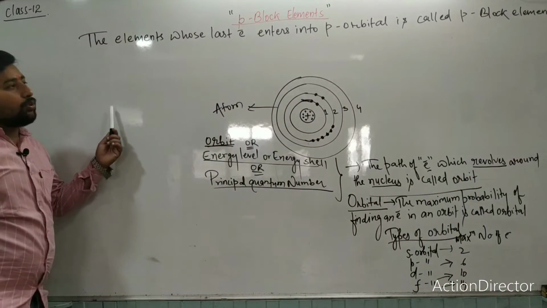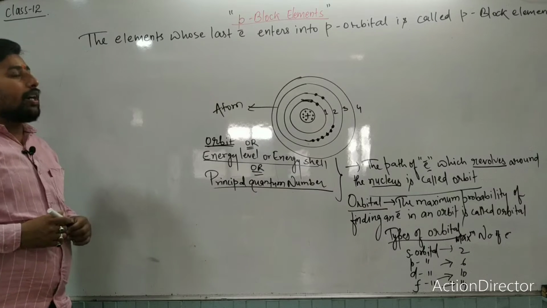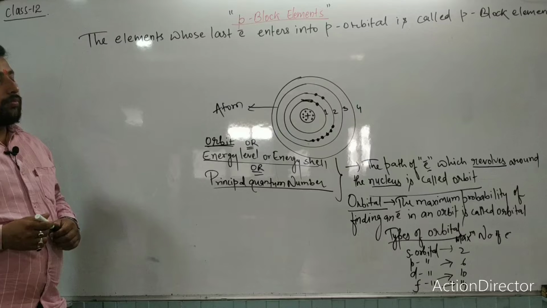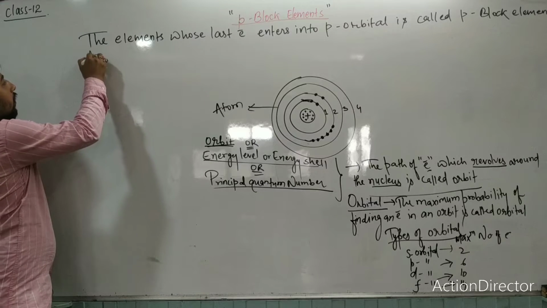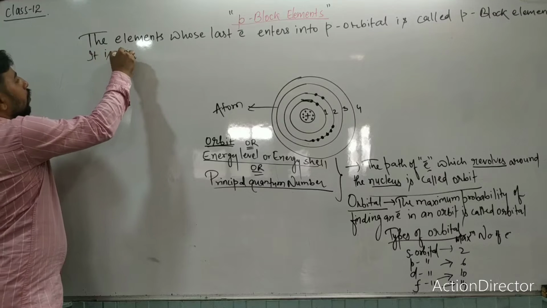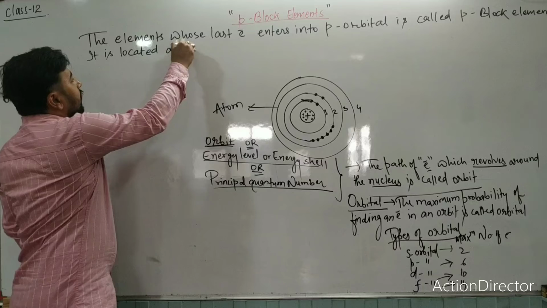The elements whose last electron enters into p orbital are called p block elements. It is located at the right side of the periodic table.